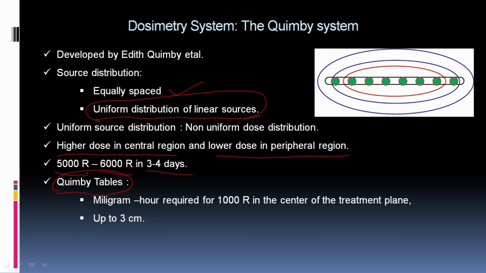These tables give the amount of milligram-hours required for delivering 1000 R at the center of the treatment plane, and this type of table gives the dose up to 3 centimeters from the center of the treatment plane. So, the main points of the Quimby system are that the sources are equally spaced and uniformly distributed throughout the target volume, and because of this uniform source distribution, we get a non-uniform dose distribution, with a higher dose in the central region and a lower dose in the peripheral region.